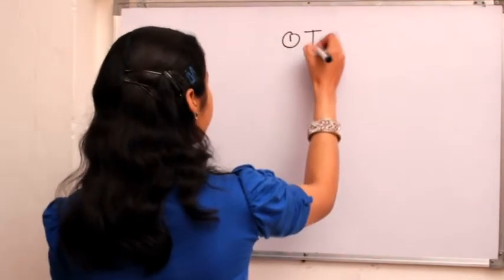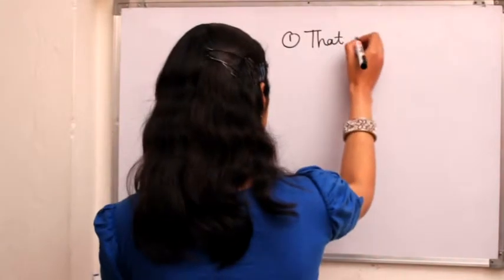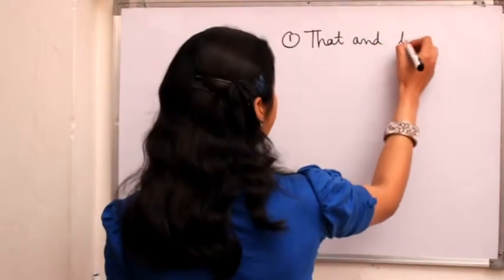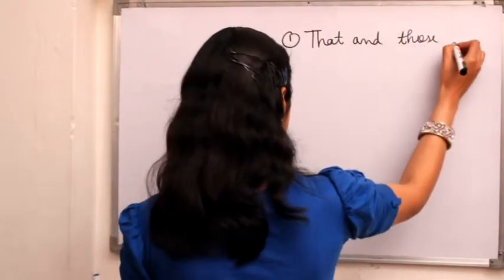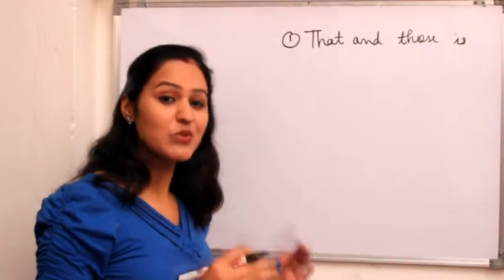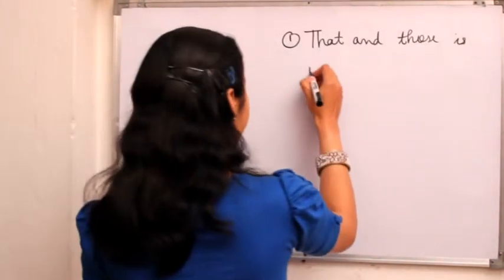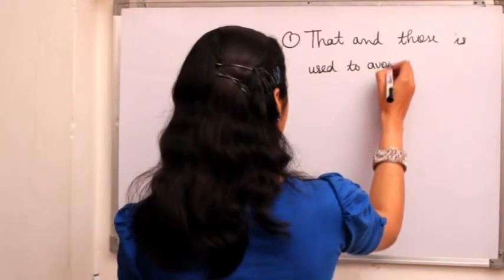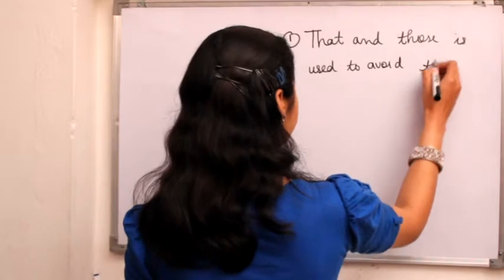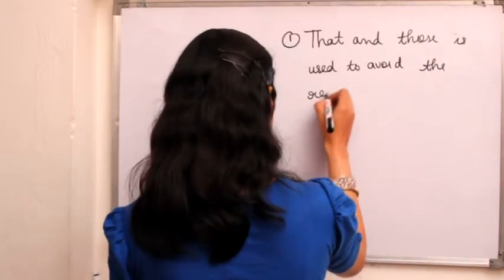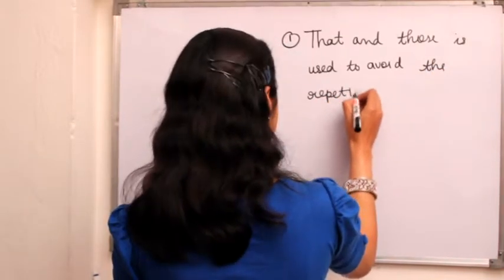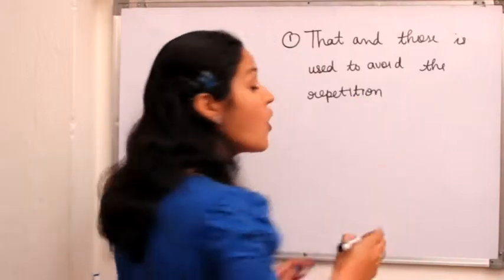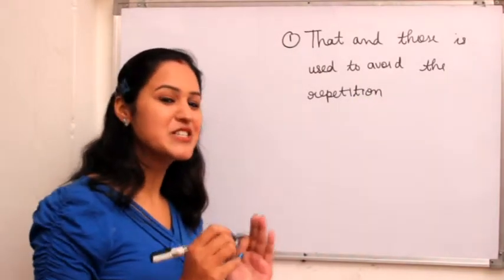So here I write: that and those is used to avoid the repetition of the preceding noun.